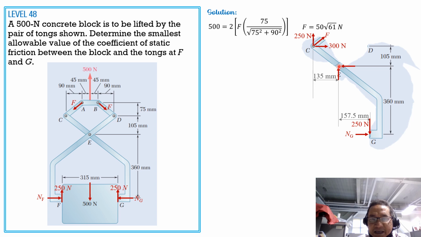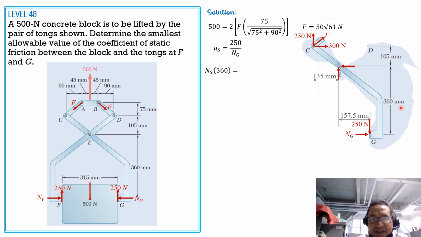So let's set up for the value of mu sub S, which is friction force over normal at G. So mu sub S equals 250 over normal at G. To solve for normal reaction at G, we sum up moments about E equals 0, counterclockwise positive.